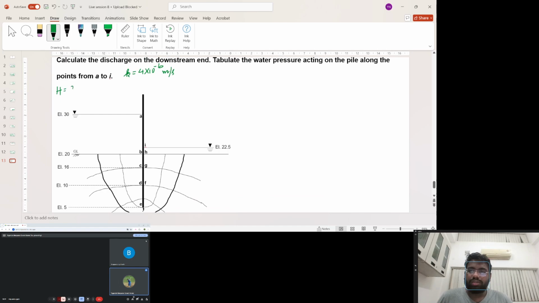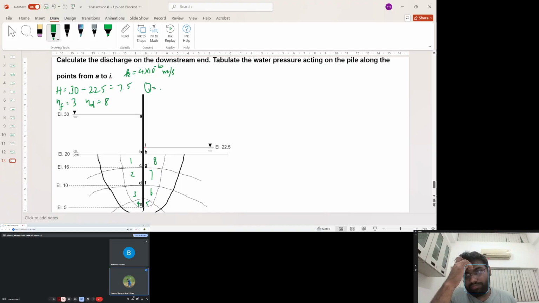Head difference is 30 minus 22.5, which gives us 7.5. Next is NF, the number of flow channels, which will be 1, 2, 3. And the number of equipotential drops is 1, 2, 3, 4, 5, 6, 7, and 8. This is 8.